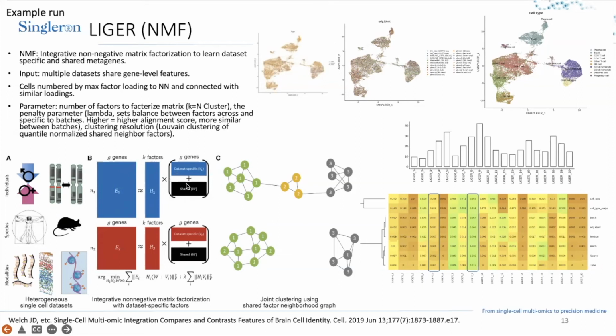So these shared embeddings will be the same among all of the batches, and the data set specific embeddings, represented by the V in different colors here, will remain different in each of the data sets themselves. By having this, the algorithm tries to find the shared matrix and then remove the differences in the data specific embeddings.